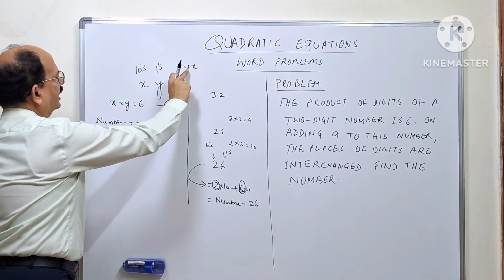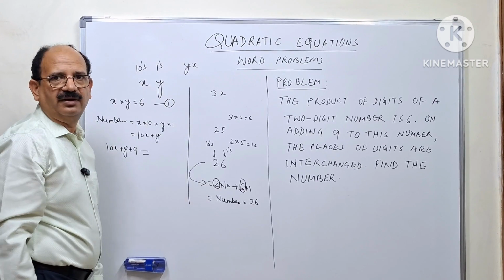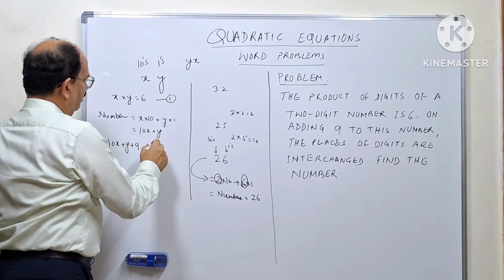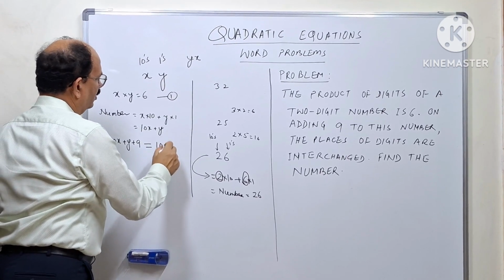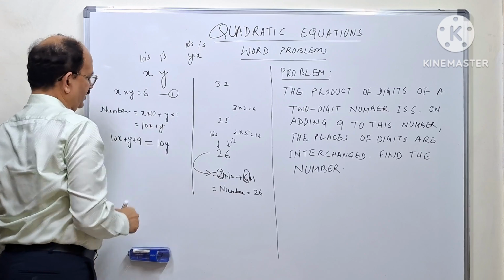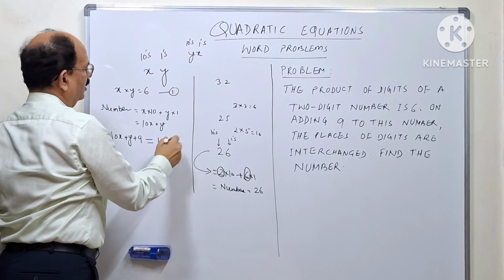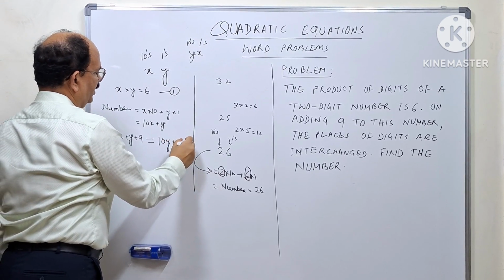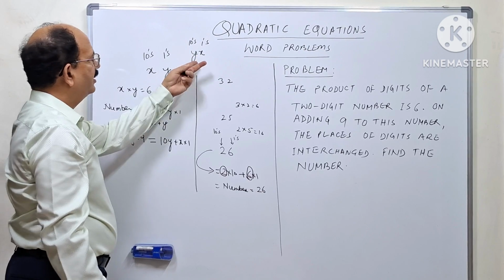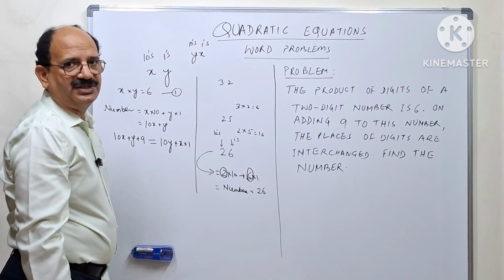So if adding 9 creates this kind of two-digit number, then it should be equal to 10 times y, the digit at tens place, plus x times 1, the digit at ones place. That is how the new number will be when the digits are interchanged.